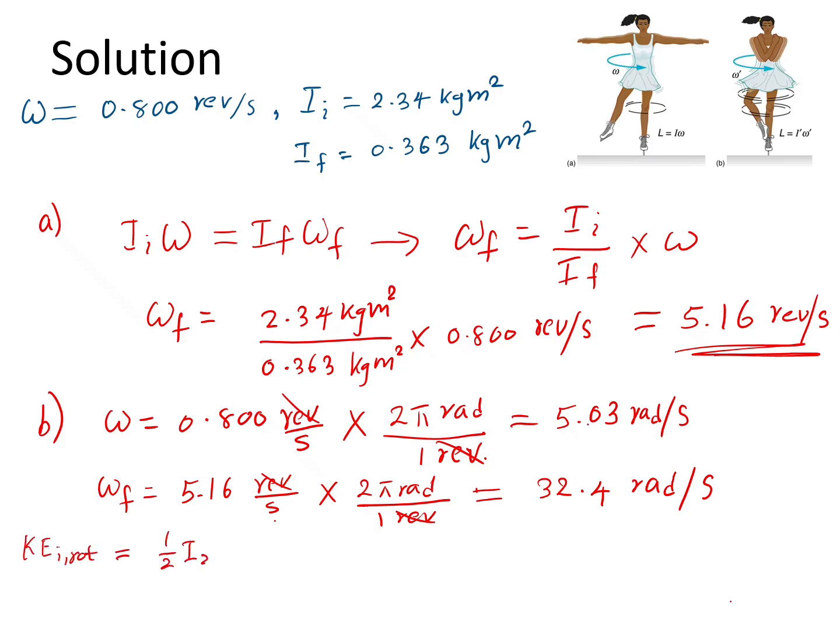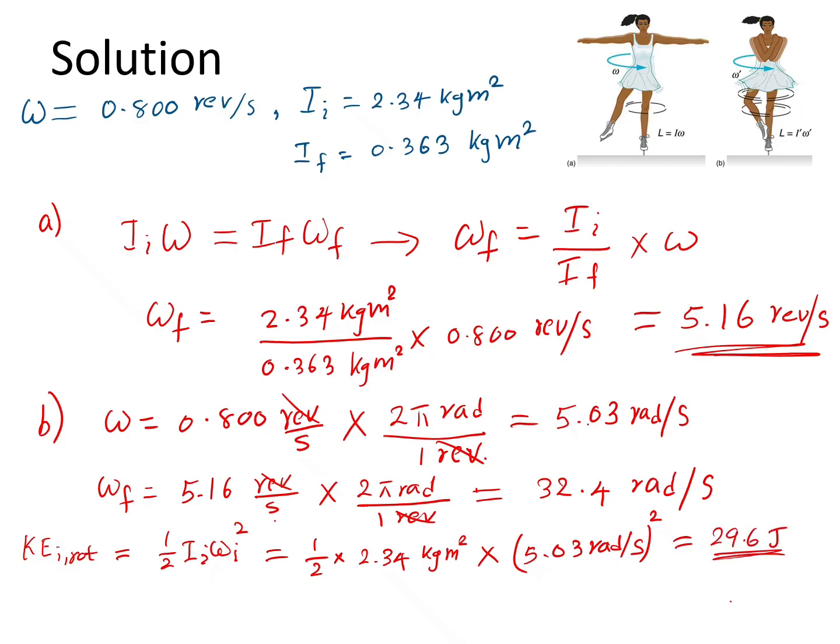Now we can calculate the initial rotational kinetic energy, half I initial omega initial squared, and we can substitute the values. So half times initial moment of inertia, 2.34 kilograms meter squared, multiplied with initial angular velocity, 5.03 radians per second, squared. And we get 29.6 joules.